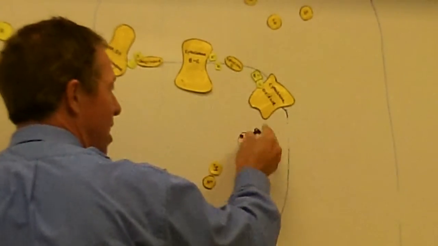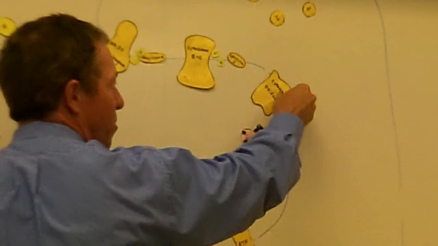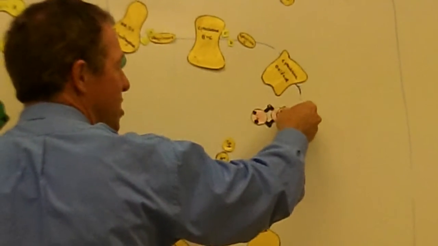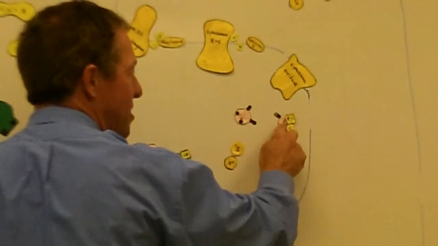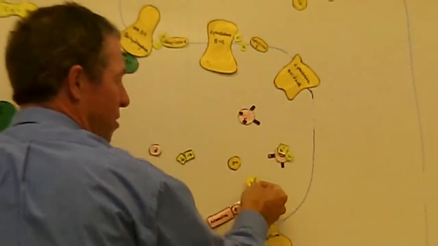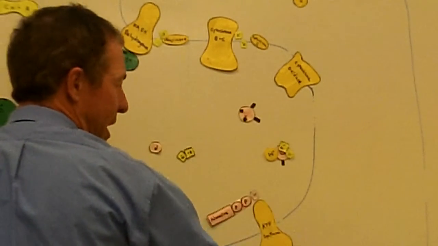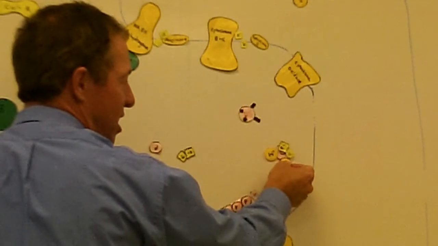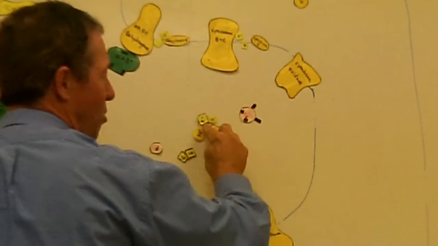Oxygen comes in right here at the end of the chain, and picks up these electrons that have been moving down the chain. When it picks them up, it becomes negatively charged. So these hydrogens that come through the ATP synthase stick to it. ATP gets made, and then they stick to this oxygen that has the electrons, and bam, we've got water.